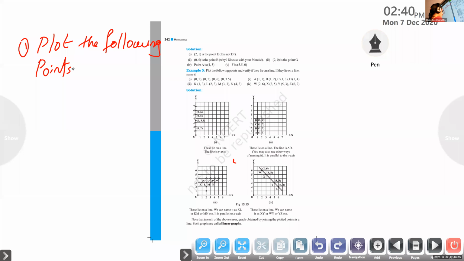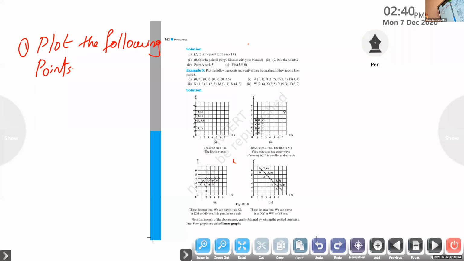The first question is 0, 2, 0, 5, 0, 6, 0, 3.5.